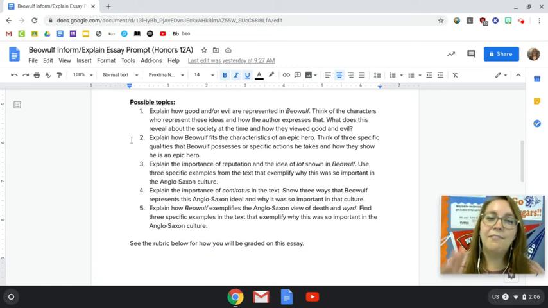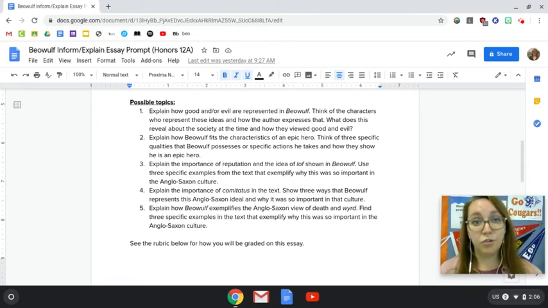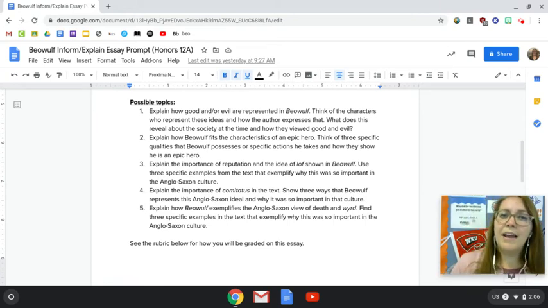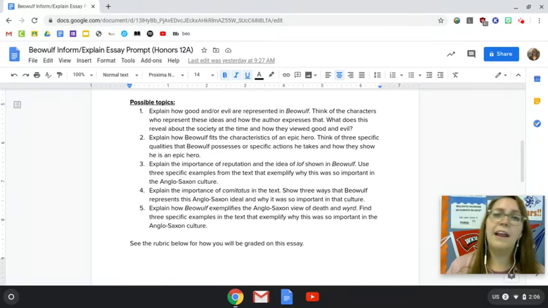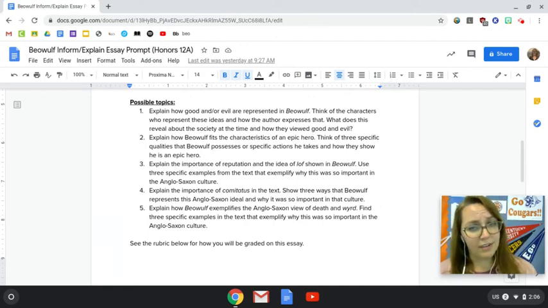So like I said, you have 5 possible topics. You will choose one. So explain how good and or evil are represented in Beowulf. Think of the characters who represent these ideas and how the author expresses that. What does this reveal about the society at the time and how they viewed good and evil?